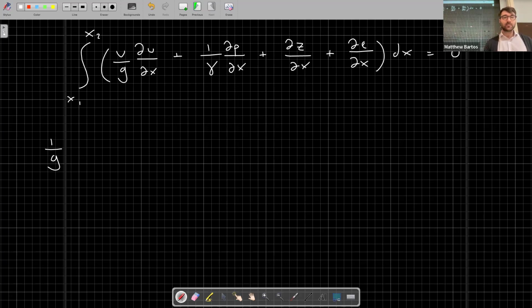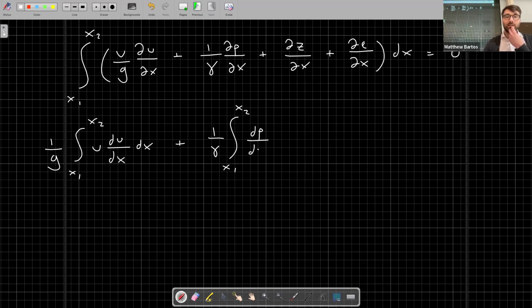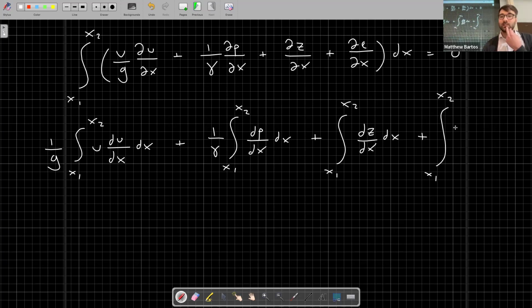We'll have 1 over g times the integral from x1 to x2 of u du/dx dx plus 1 over gamma times the integral from x1 to x2 of dp/dx dx plus the integral of dz/dx dx plus the integral of dE/dx dx equal to 0.